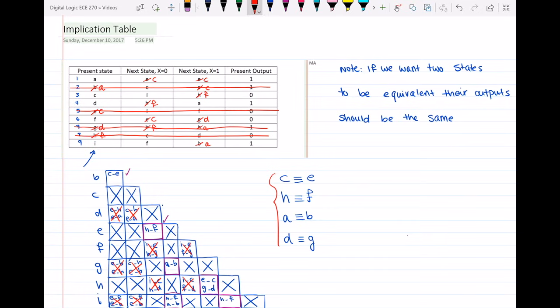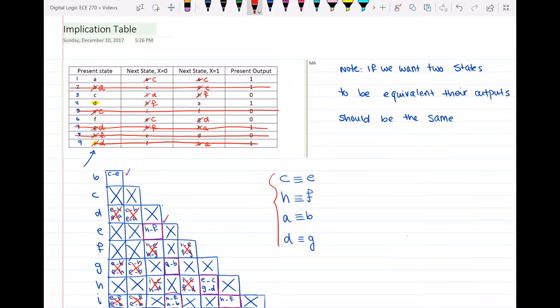Which are these two states? It is D and I. So wherever I have I, from now on, I'm going to substitute it by D. And then I have to cross out row 9, because if I substitute I by D, I have F and A. So now rows 4 and 9 are the same, so I'm going to cross it out. And wherever in my table we have I, I'm going to substitute it by D.